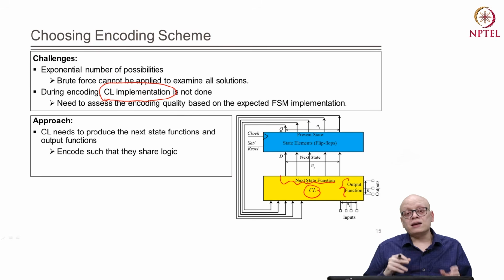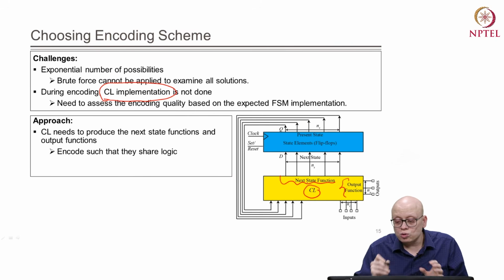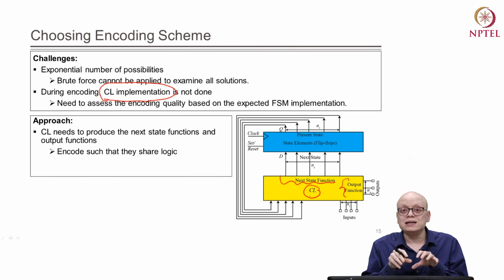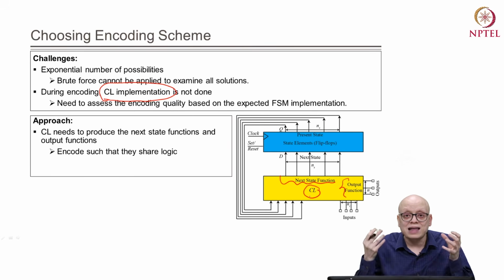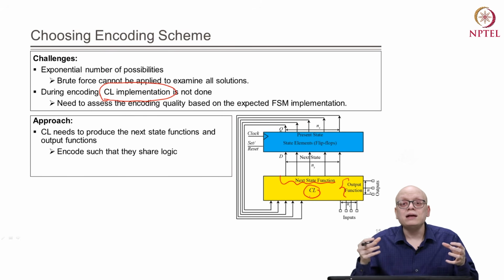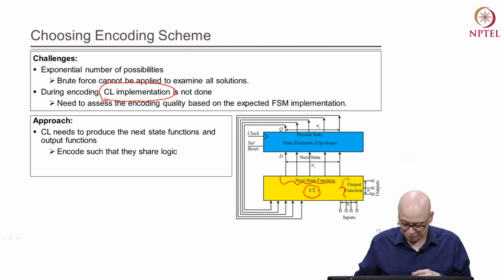So, we can do the encoding of the states such that the sharing of logic elements inside this CL block is maximized. If a lot of sharing happens, then this CL can be very compact.